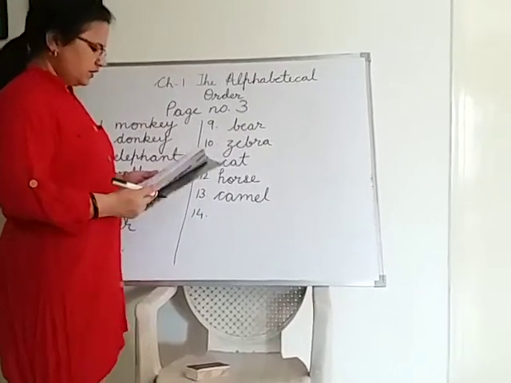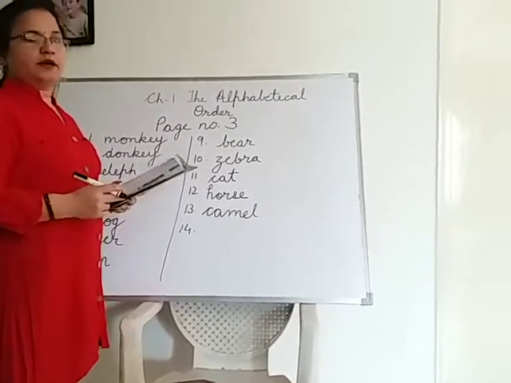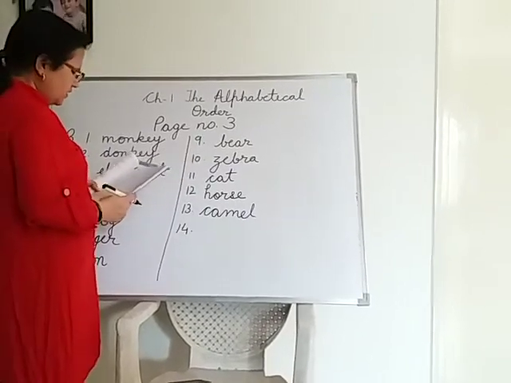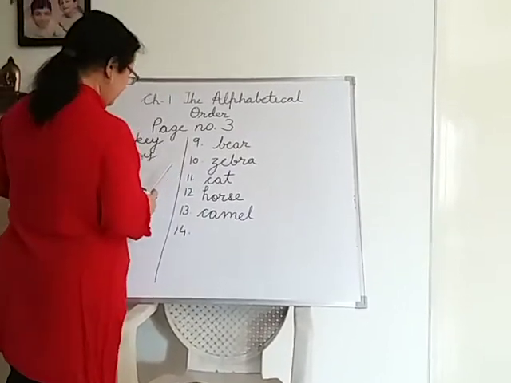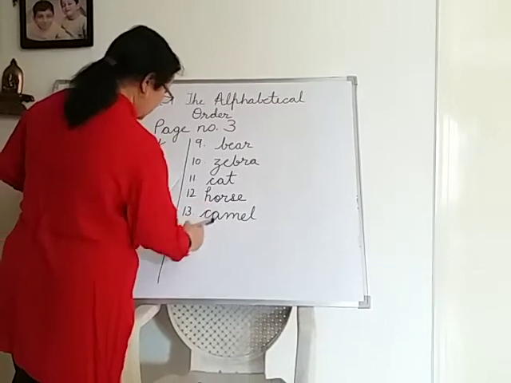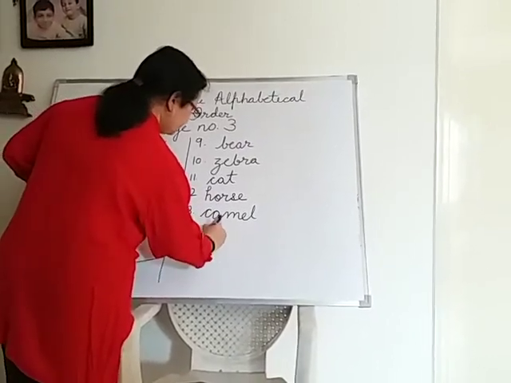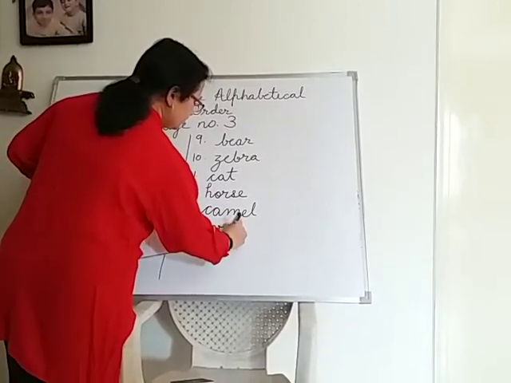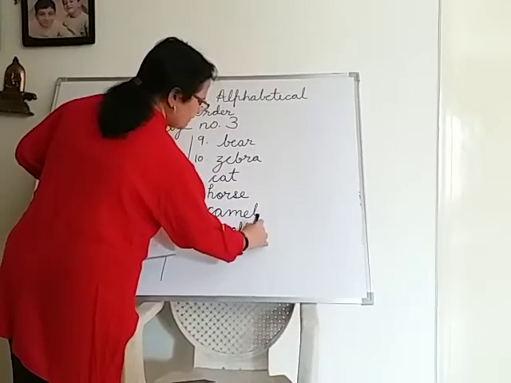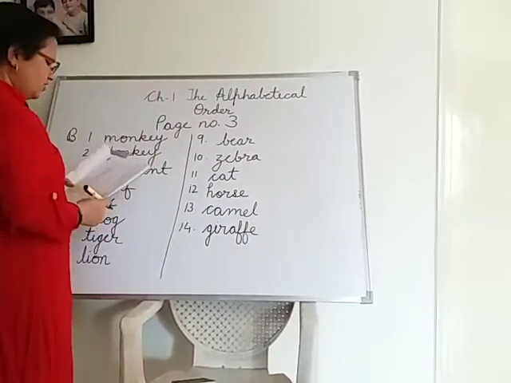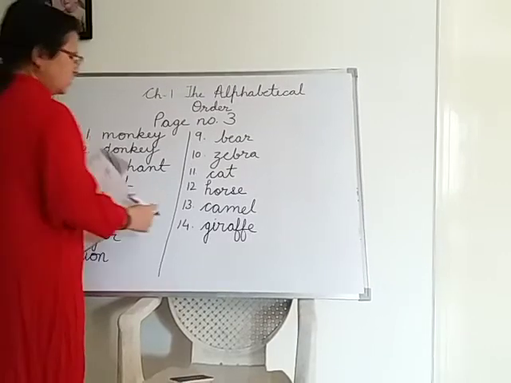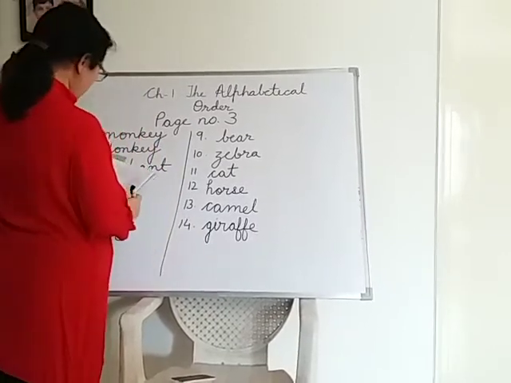Students, if the board is not clear in the video, you can upgrade the quality of the video and you will see everything clearly on the board. Next is giraffe. G-I-R-A-F-F-E, giraffe. Now next, number 15, rabbit.